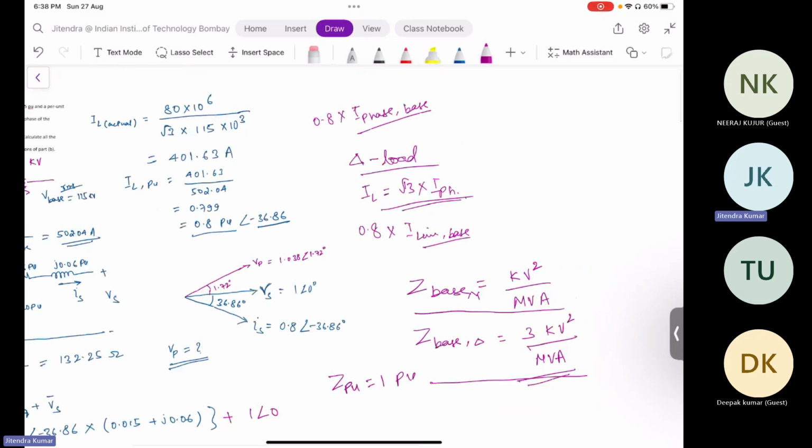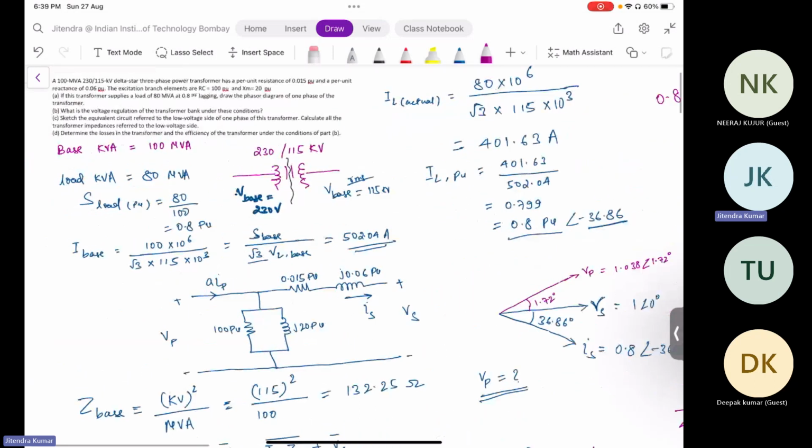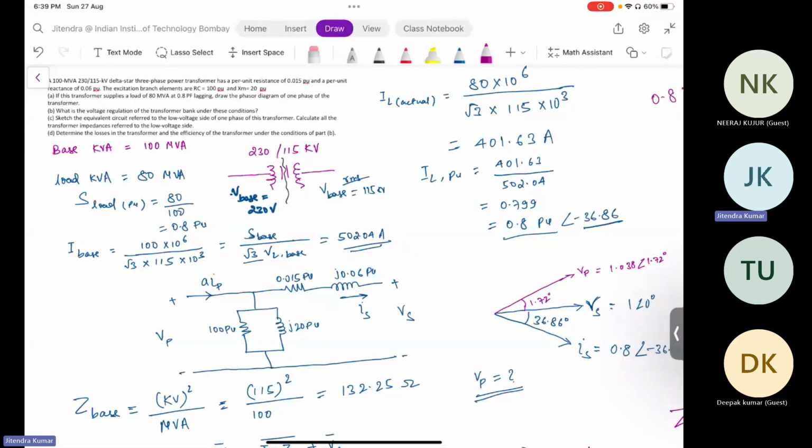Once you have considered a base value, you have to stick with it. Apart from that, any other doubt in this first part? No, sir. Okay, great. Then we can proceed with the second part.